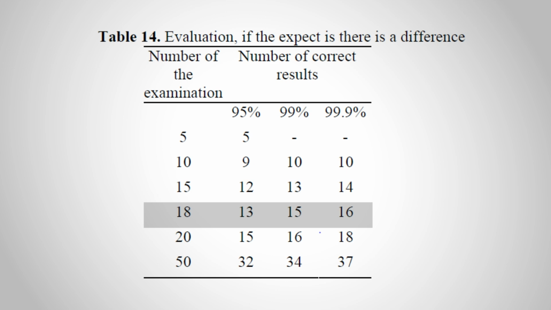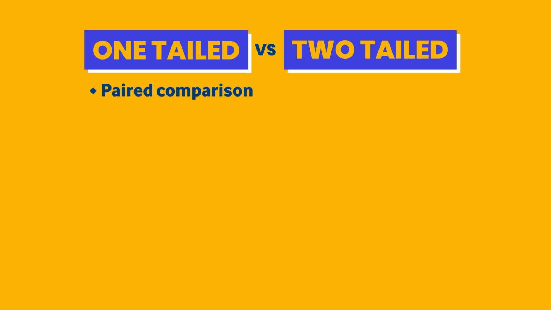There are 2 different tables. They depend on what kind of response there can be: 1 tail or 2 tail. Say, for example, pair comparison: which is sweeter? The individual can answer only one, A versus B; either A is sweeter or B. That situation is called 1 tail.